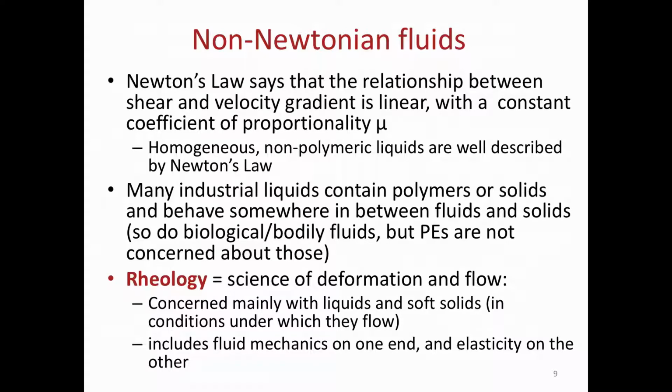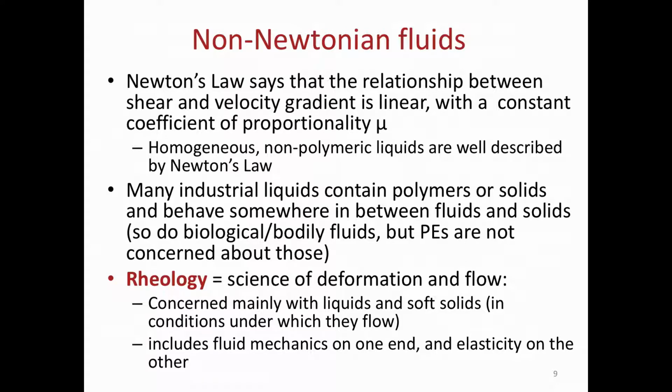Newton's law basically says that for Newtonian liquids, I have this simple relationship for my shear stress. If I'm back to my tau yx situation, I have the shear stress tau yx and the derivative of velocity, and I have a simple linear relationship between the two, and it basically just defines the coefficient of proportionality mu.